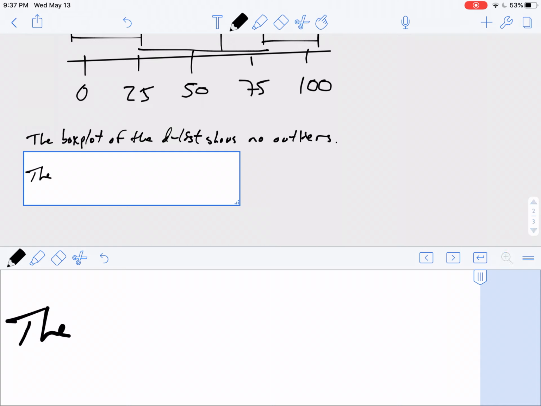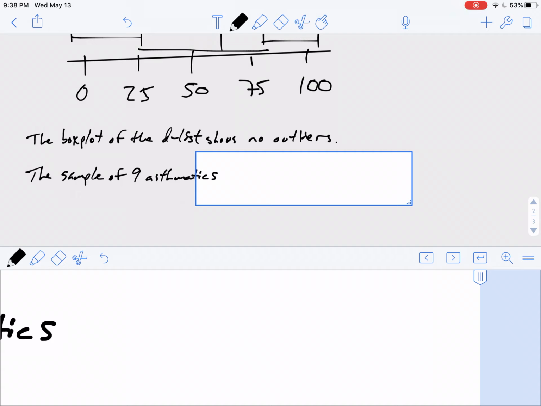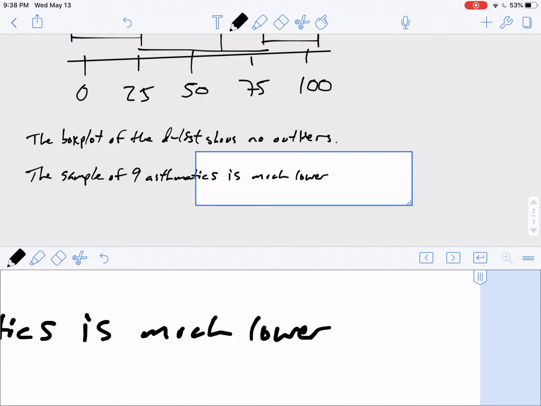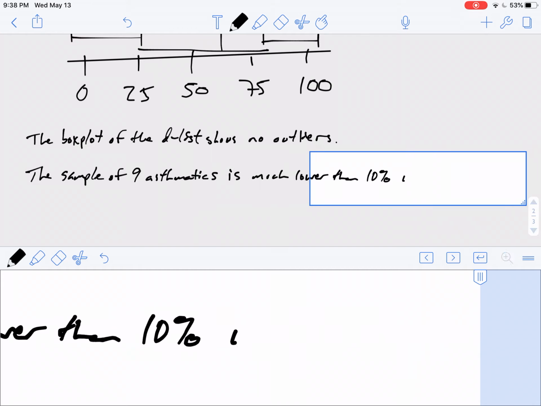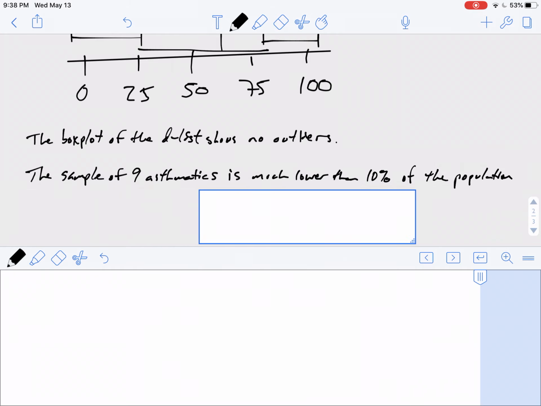We'll say the sample of 9 asthmatics is much lower than 10% of the population. All right, so that takes care of that condition.